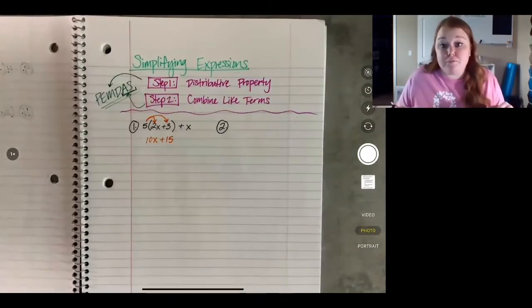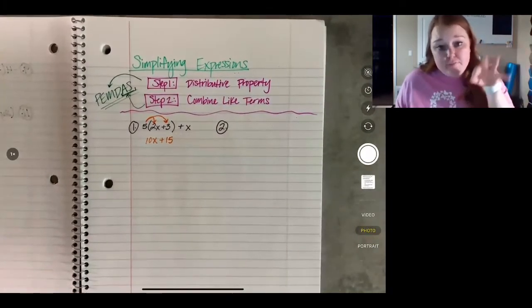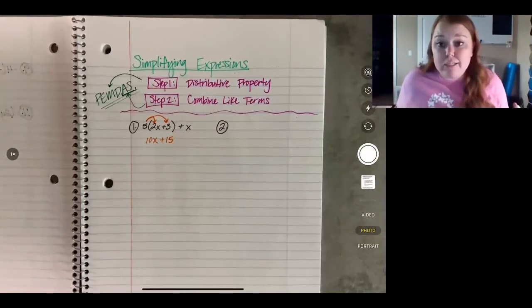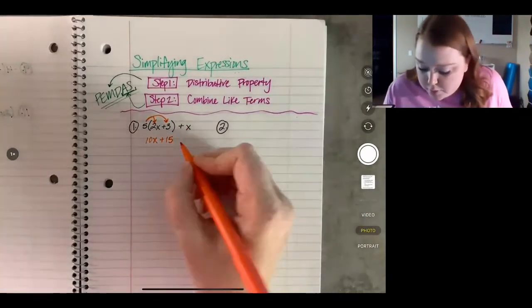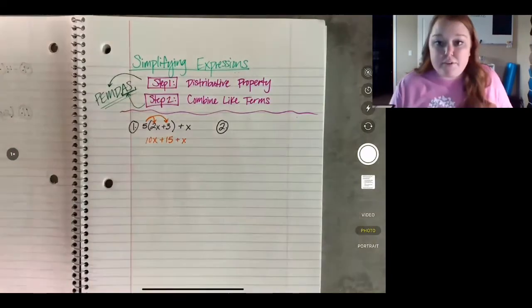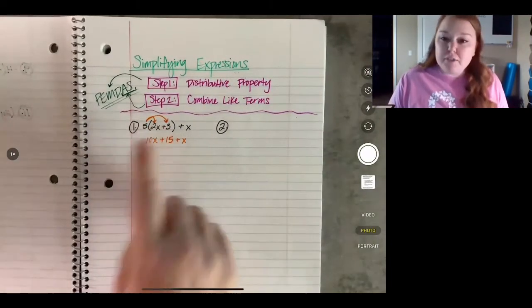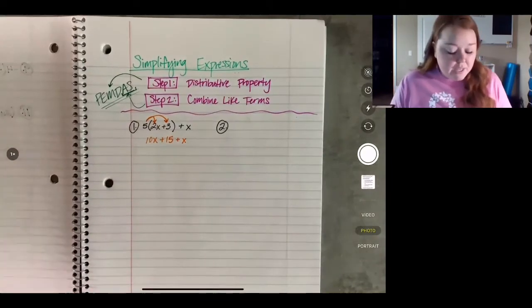Okay, so we just performed distributive property. Now, after you do that step, you're going to go ahead and bring down anything that was unused. So I'm going to bring down this little plus x. So I've cleaned that part up a bit. I've made that look a little bit less scary, right?